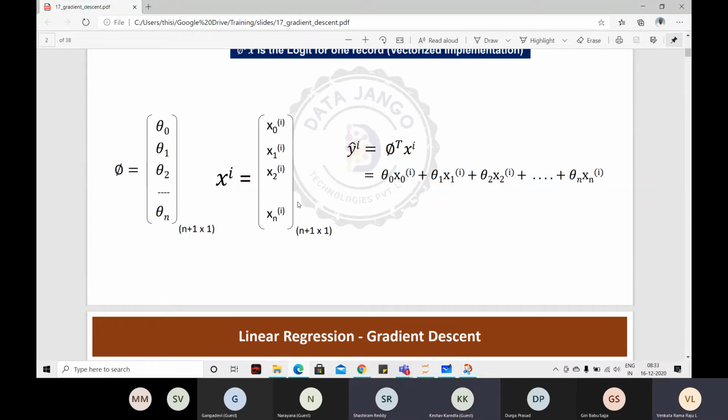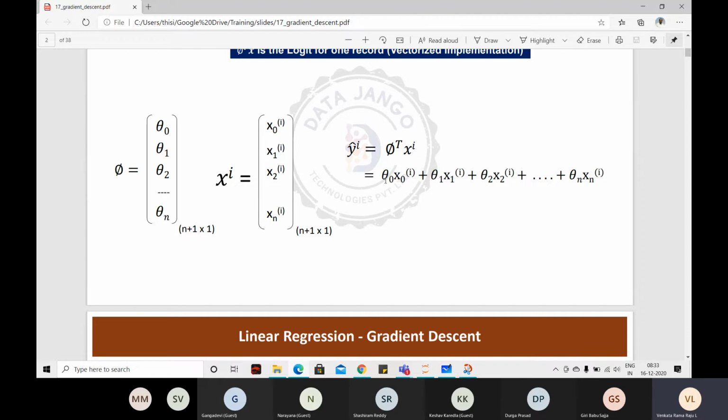We substitute the x and theta values into the linear equation, right? We call that a linear combination of x. So you know thetas, you know x's. You will put it into this formula, right? Theta 0 into x0i, theta 1 into x1i, theta 2 into x2i, and so on, theta n into xni.